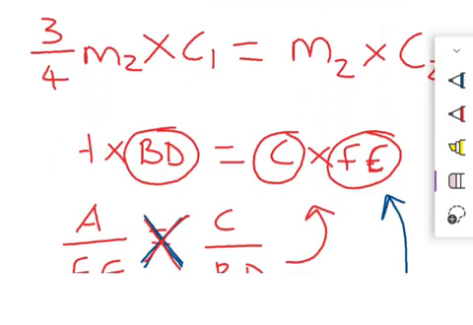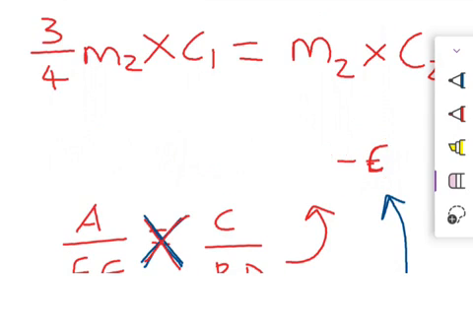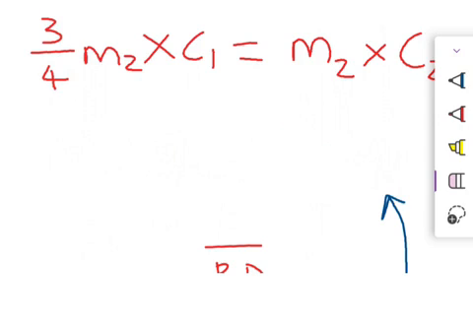So how do I transform this equation so that I will write it in fraction? I'll be having fraction on the left hand side and fraction on the right hand side. The fraction I want on the left hand side, I already know it. That is C1 over C2.